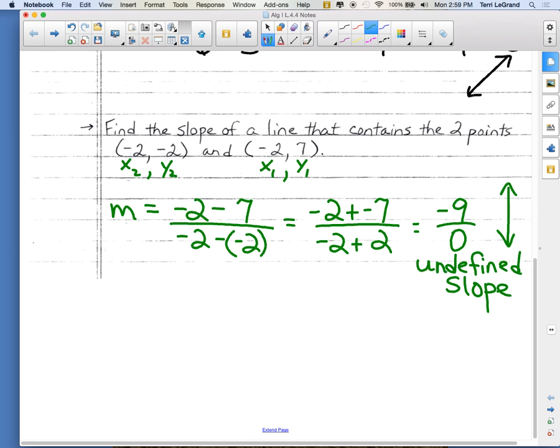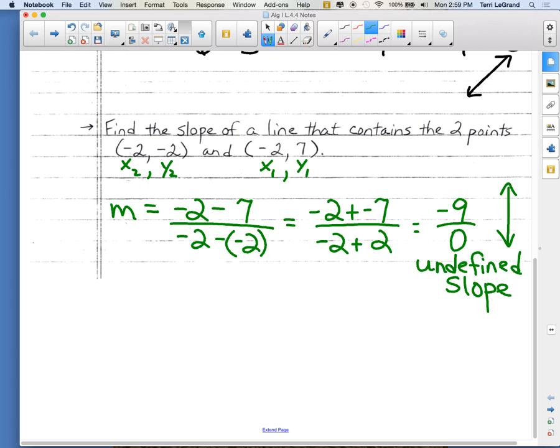If I gave you a coordinate plane, told you to graph those 2 points and draw a line through them, you should end up with a vertical line. So you had one kind of like this in your notes, but it wasn't these exact 2 coordinate pairs. What happens if you end up with 0 upstairs instead of downstairs?